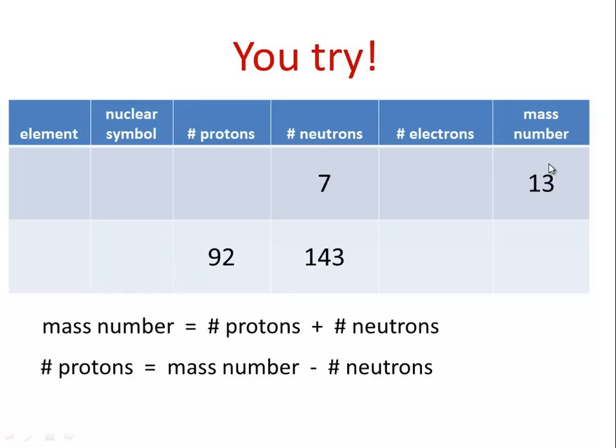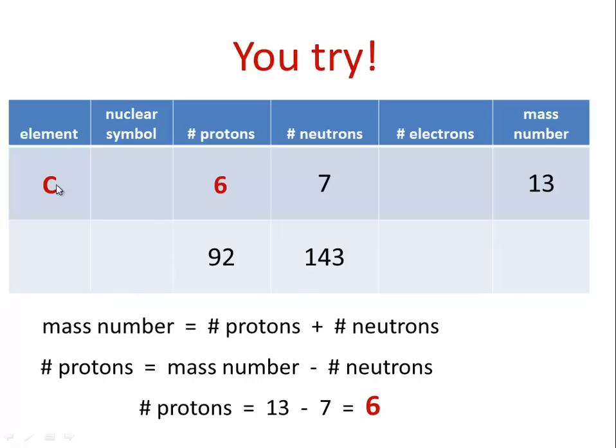And so here we're going to have 13, which is the mass number, minus 7 is 6. So we know that we have 6 protons. Now, if there's 6 protons, what element is that? Hopefully you have your book so you can consult the periodic table, or just remember from earlier in the presentation we saw an atom that had 6 protons, and that was carbon.